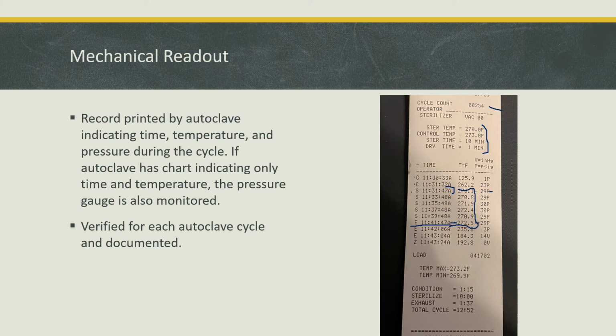So we look at this column here, and we see that it was above 270 degrees for 10 minutes. And then we can check the third column and see that it stayed above 27 psi for the entire 10 minutes. That also tells you at the end a summary of the cycle. We do need to verify here that the actual readout shows it was above the temperature for the proper amount of time and that the pressure was in normal ranges.